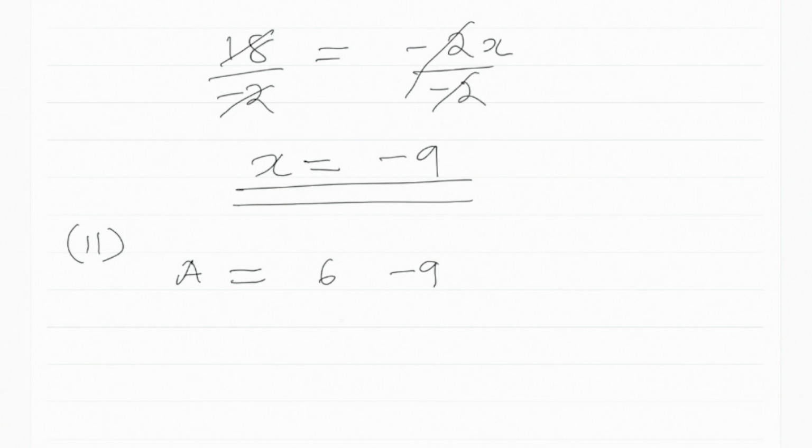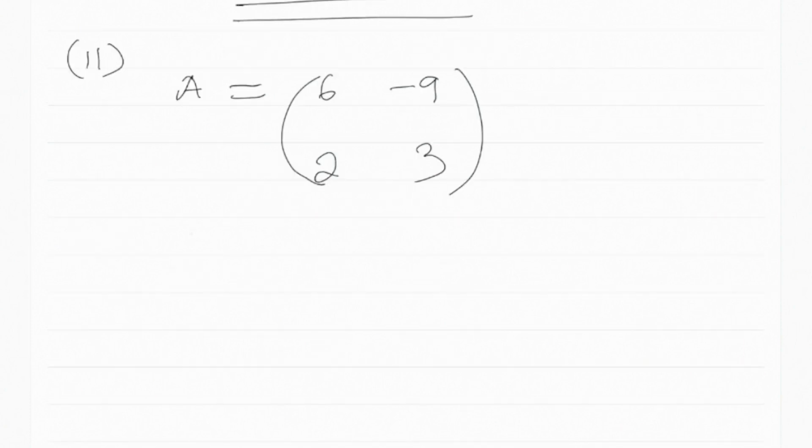In order for us to find the inverse of matrix A, we know that inverse is denoted by A to the power negative 1. We don't read it as A power negative 1, but we simply say A inverse.